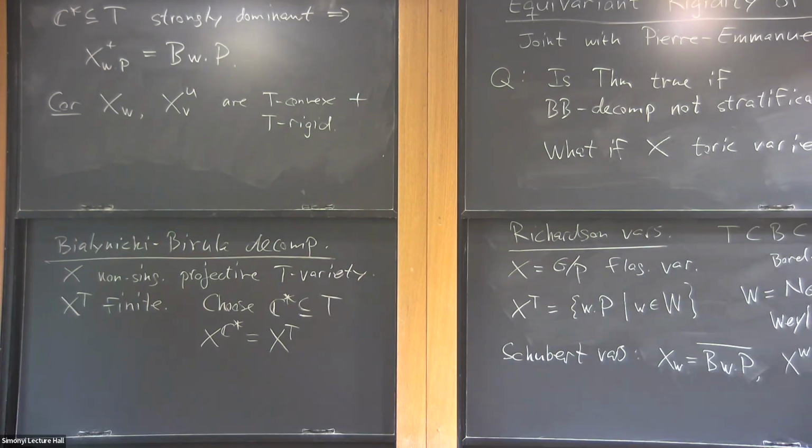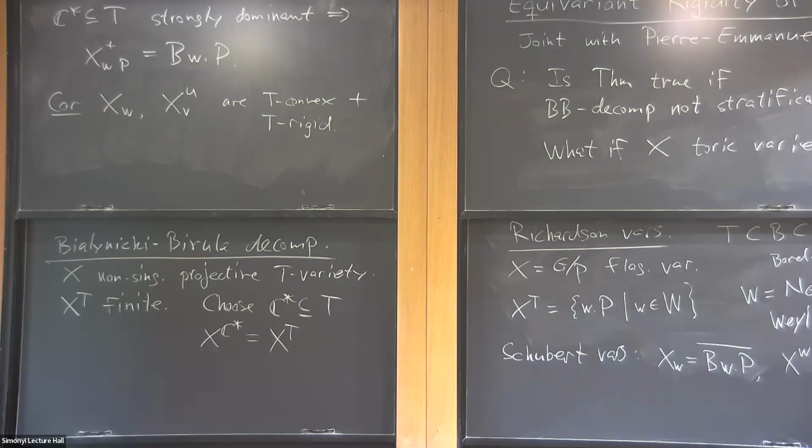Or really just that all the localizations are non-zero, right? Well, we also need this fact that if you take a T-stable subvariety and restrict the class to a fixed point, then it's non-zero. But that's all you need. You need more than non-degenerate for that.